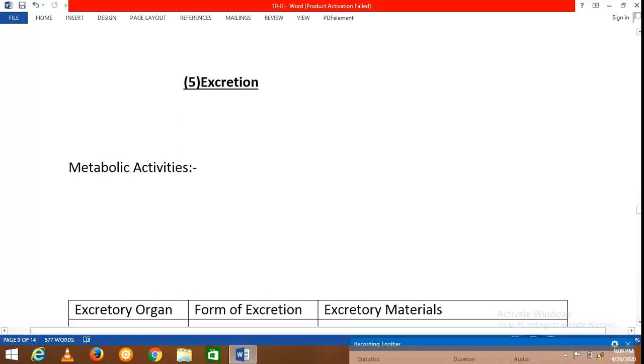Then what are these metabolic activities? Actually, we can say metabolic activities are the sum of chemical and physiological activities within the cell, and these are for your extra knowledge. Metabolic activities are of two types: anabolism and catabolism.